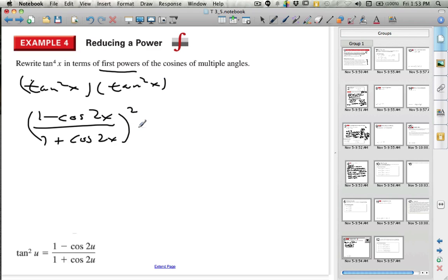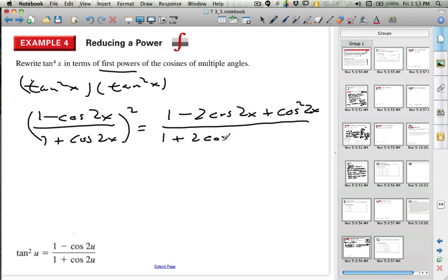So it's going to be this item squared, which if I simplify will be 1 minus 2 cosine of 2x plus cosine squared 2x over 1 plus 2 cosine 2x plus cosine squared 2x.